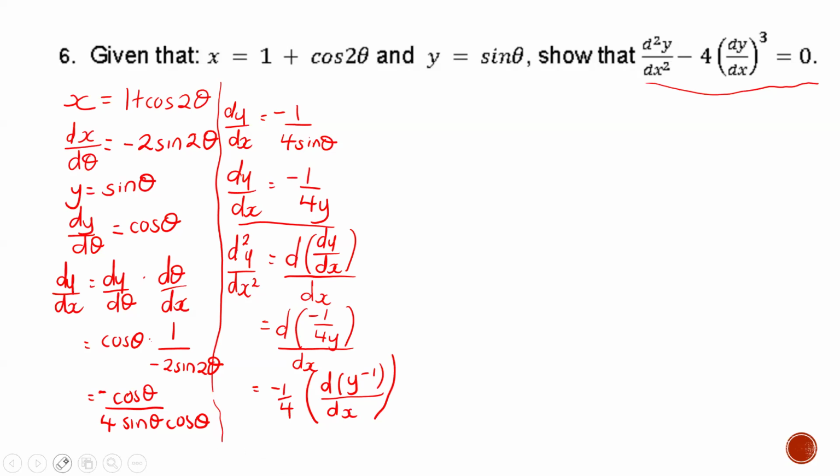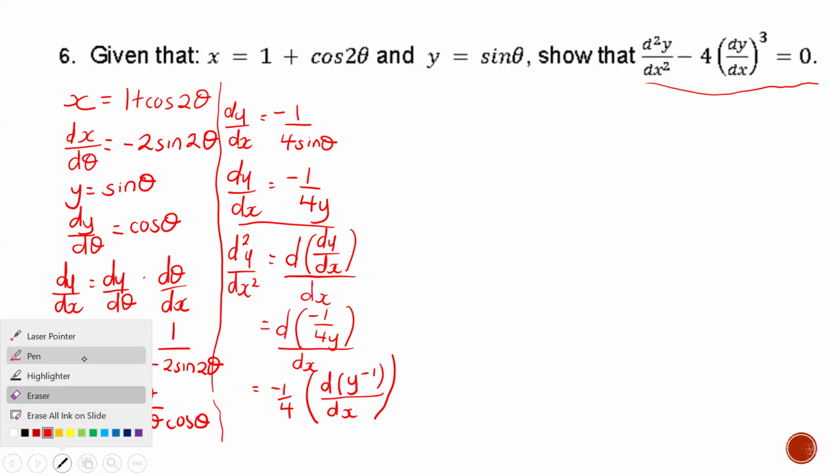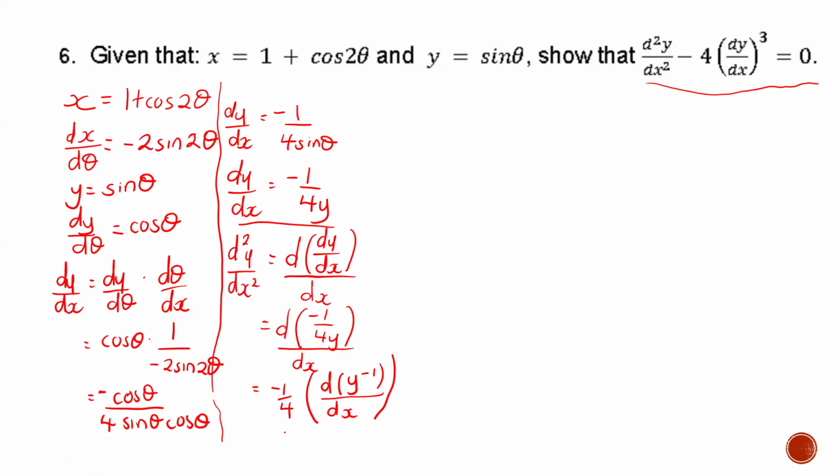Okay, so we'll have a quarter y to the power negative 2 dy/dx. Do you understand this step? Wonderful, lovely.